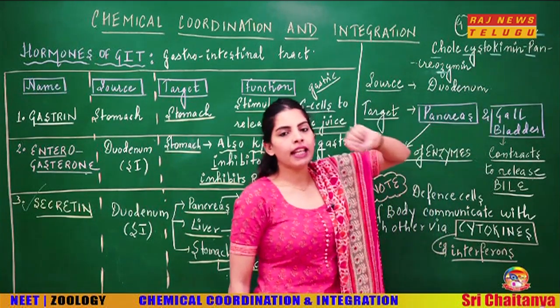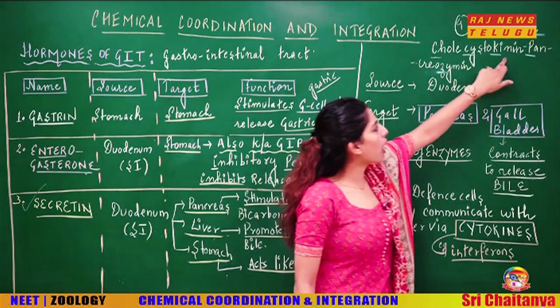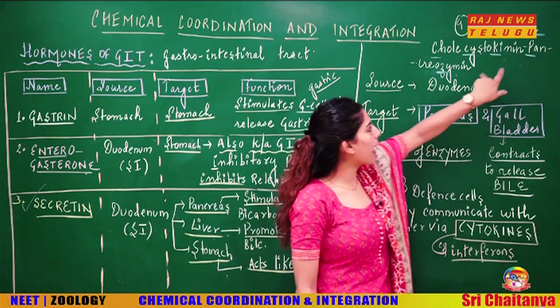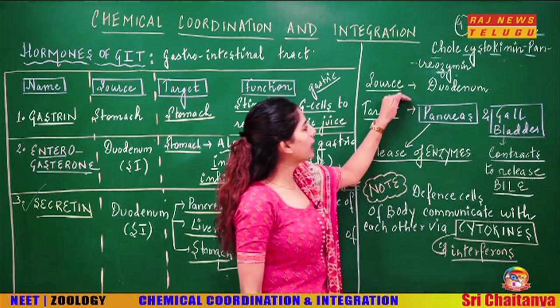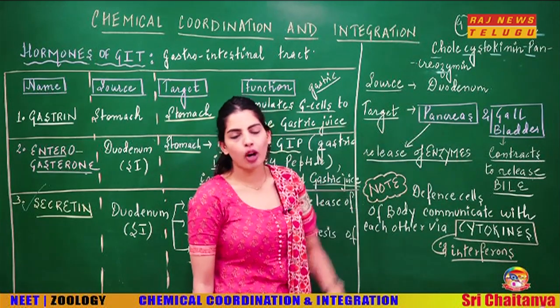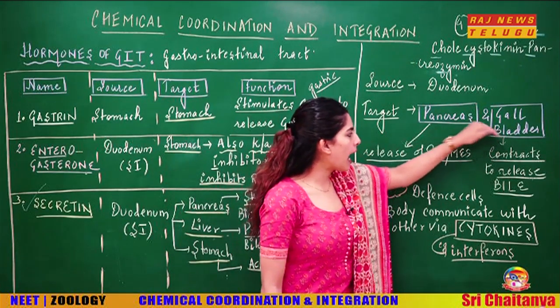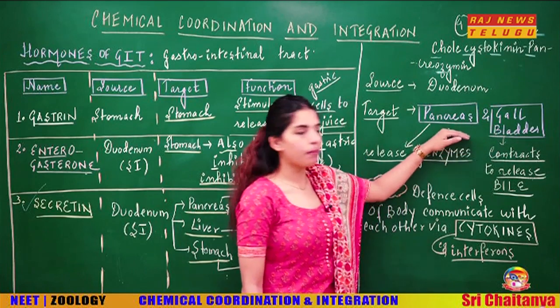Now the fourth hormone name is CCK-PZ. Read the name carefully. Cholecystokinin pancreozymin. When you look at the source, it is again the duodenum of the small intestine, and the targets are gallbladder and pancreas.